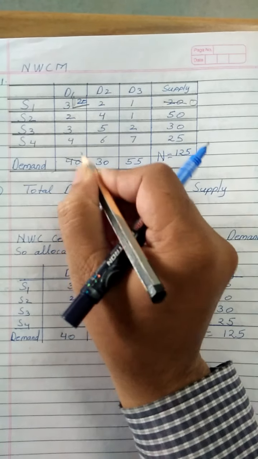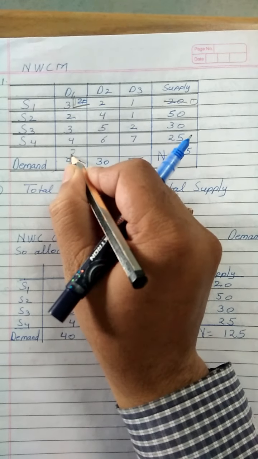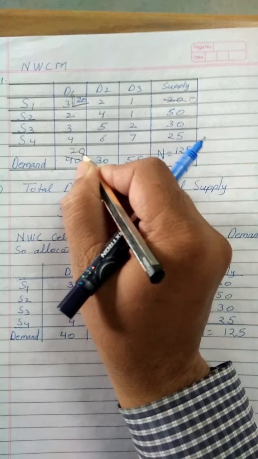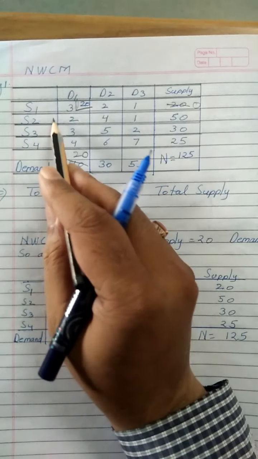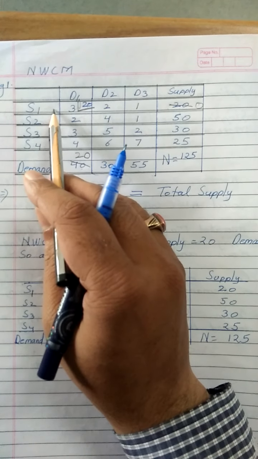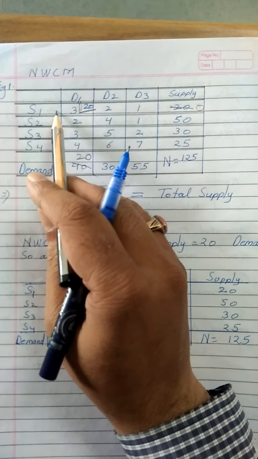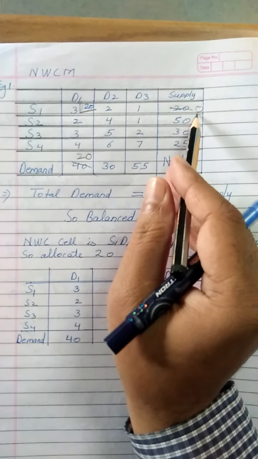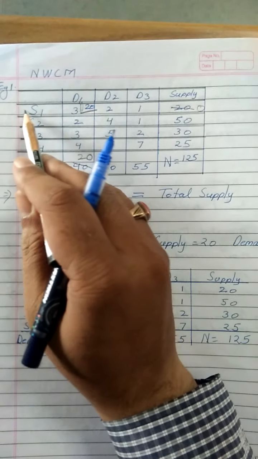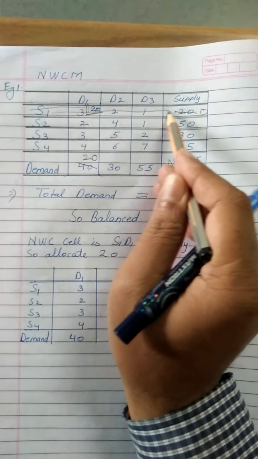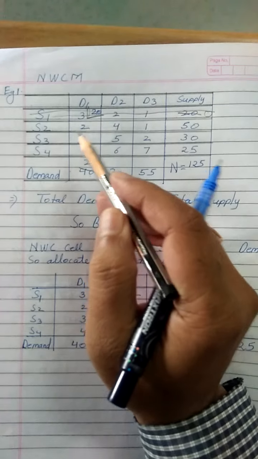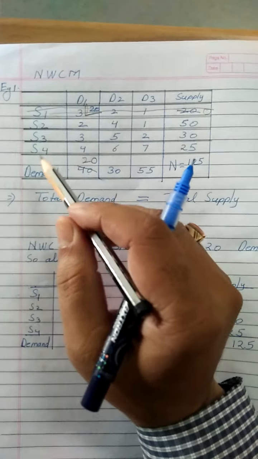Demand of D1 was 40, we have already received 20, so only 20 is still required. Now as source S1 cannot give anything to anyone because it is already 0, we can cut this, for the sake of clarity that we do not need to allocate any more units to S1.